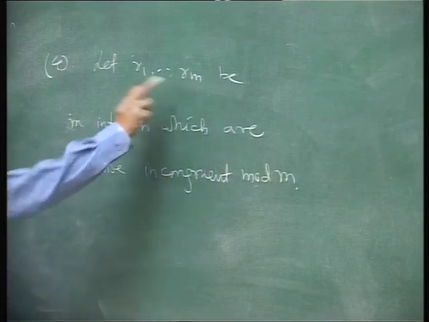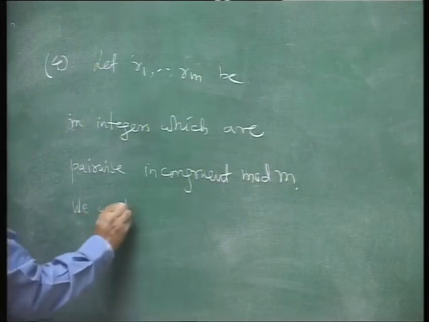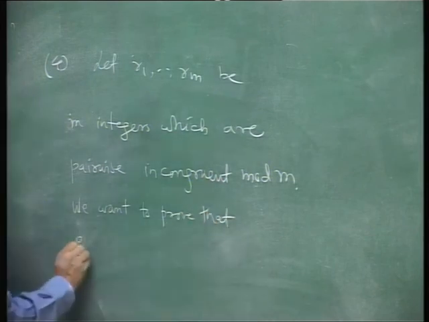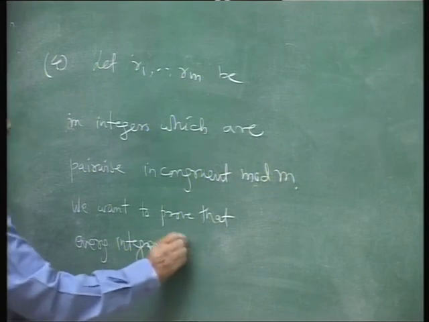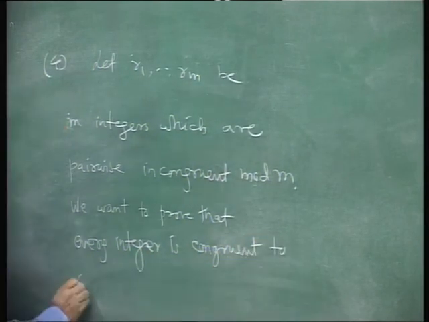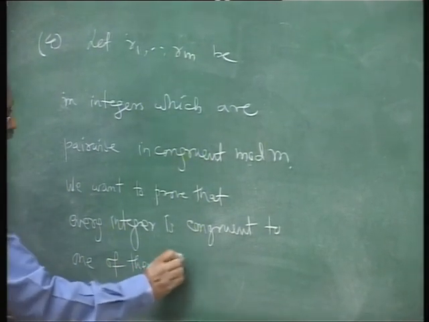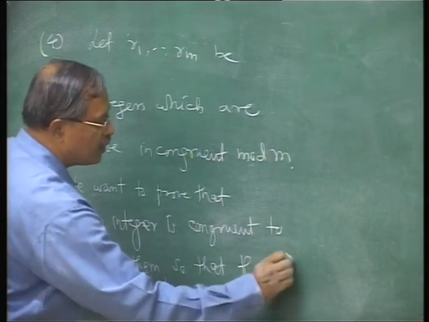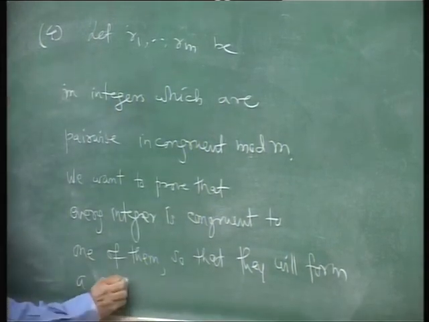They are m numbers. We want to prove that every integer is congruent to one of them, so that they will form a CRS, a complete residue system.